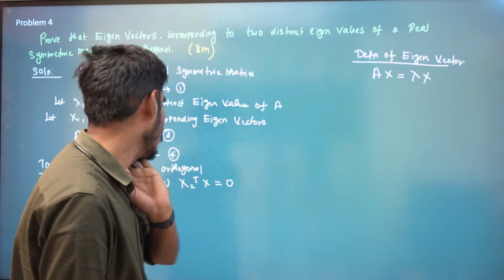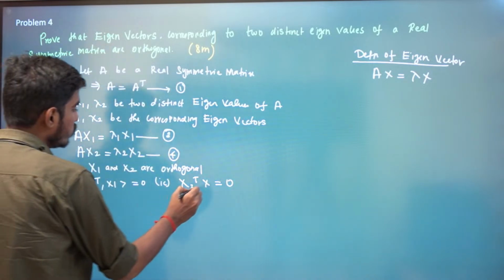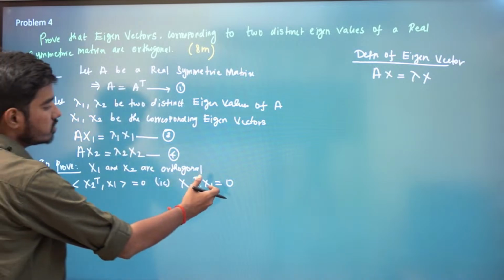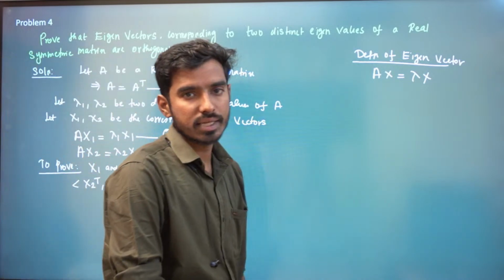So we will prove x2 transpose x1 is equal to 0. If I show this is true, then they will be orthogonal, right?